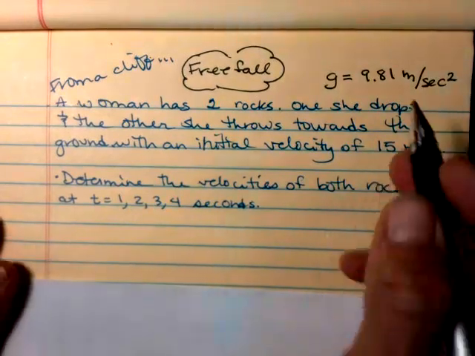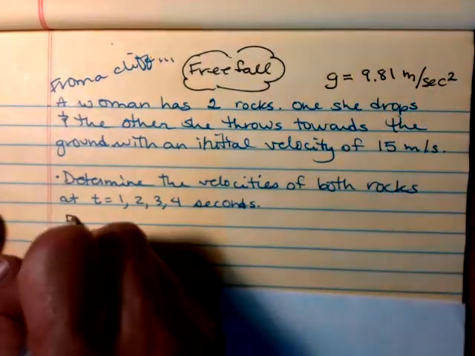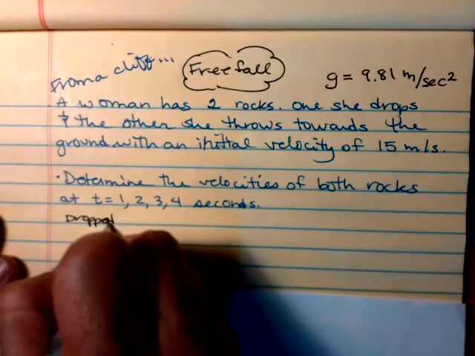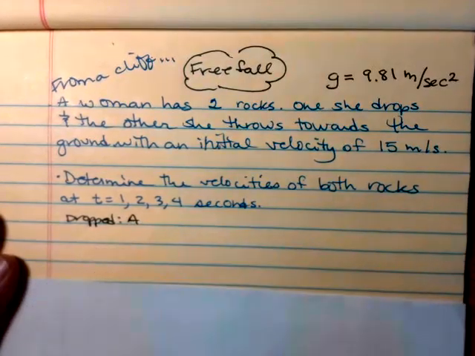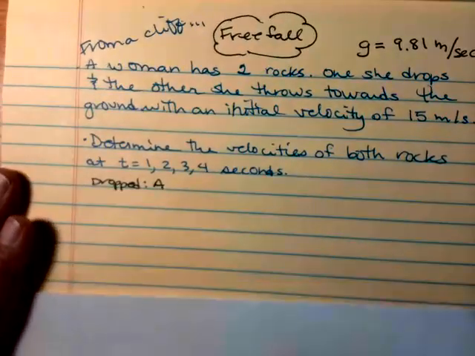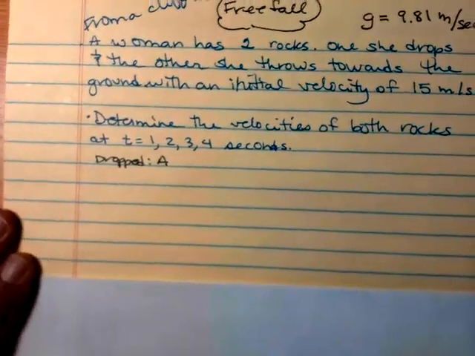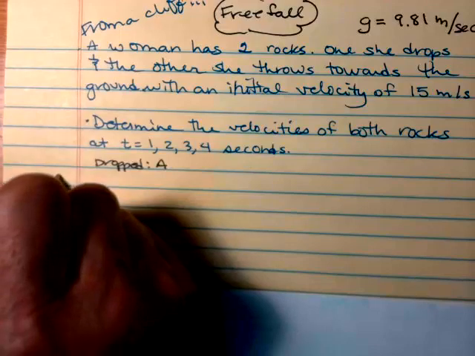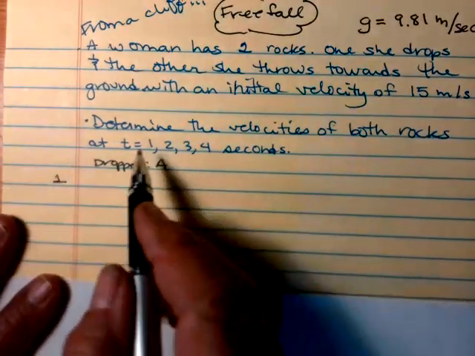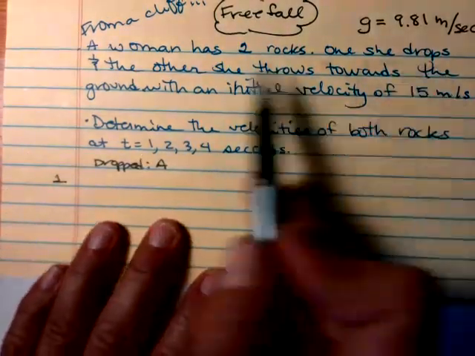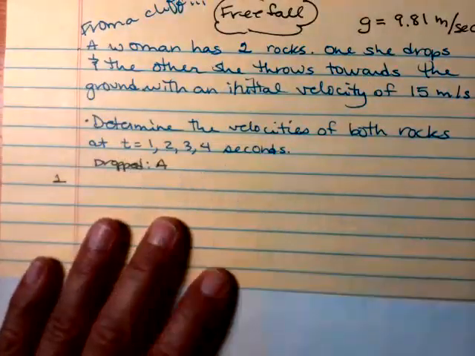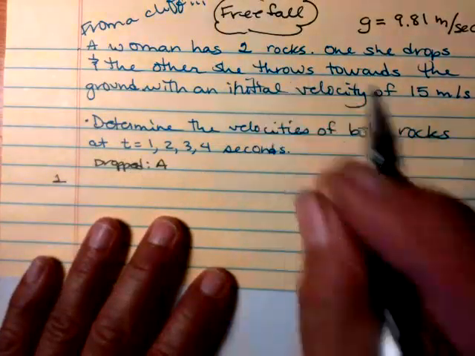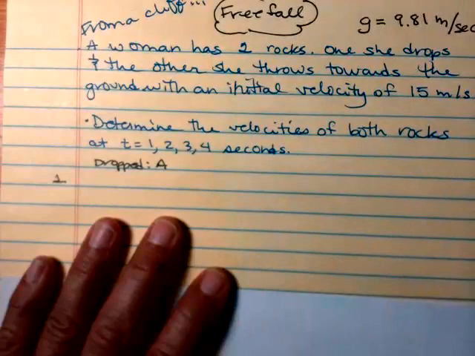Okay, so the dropped one will be rock A. I'm going to use subscripts just so I don't have to keep writing that. So we'll have our time. At 1 second, we need to find that velocity. The one that she drops starts off at 0 because she's just dropping it and letting it fall, so its initial velocity is 0.